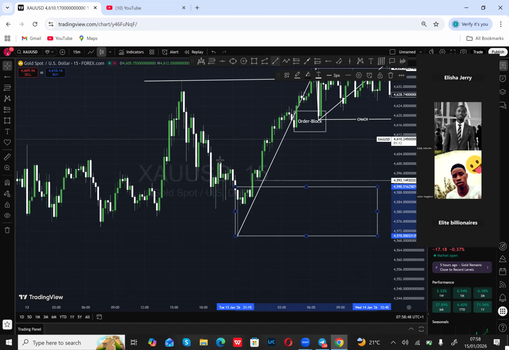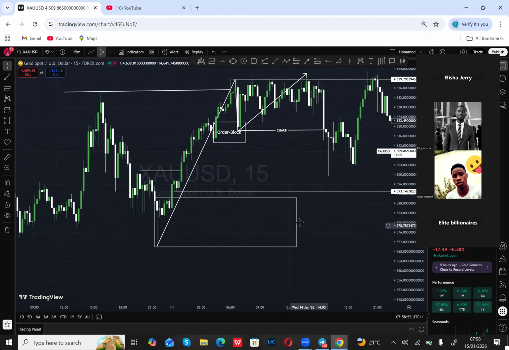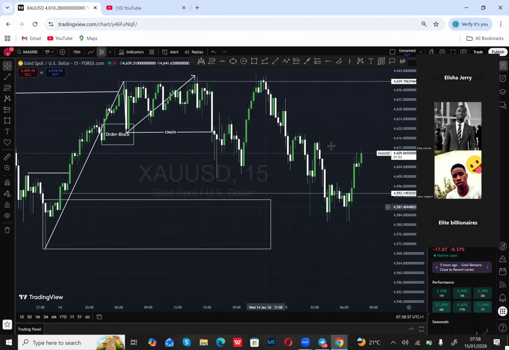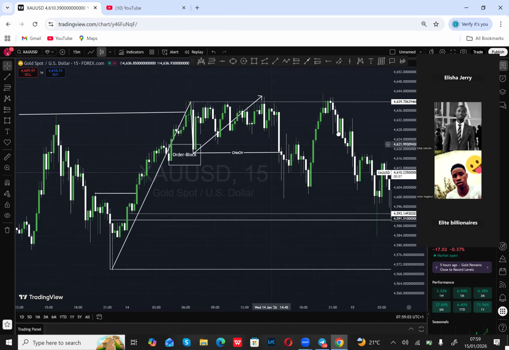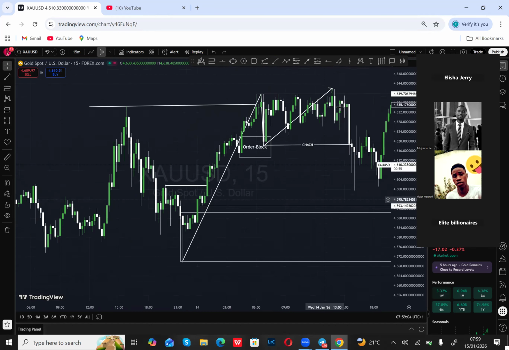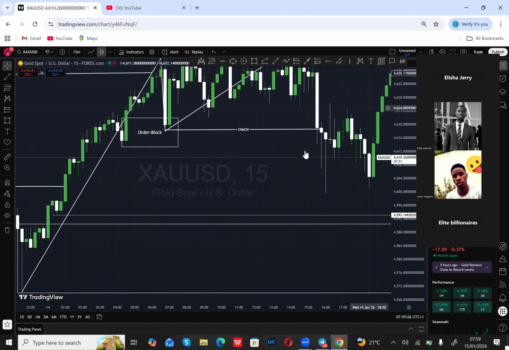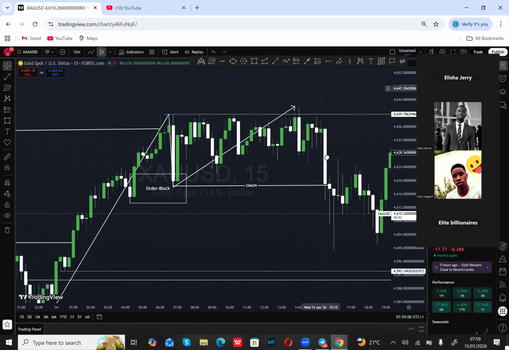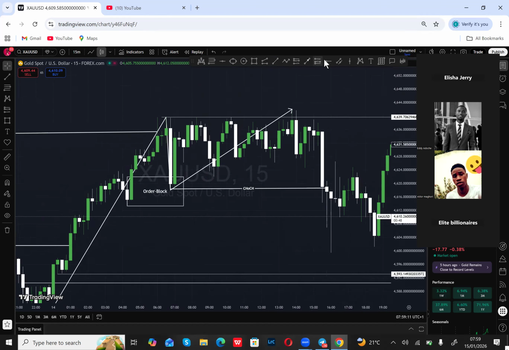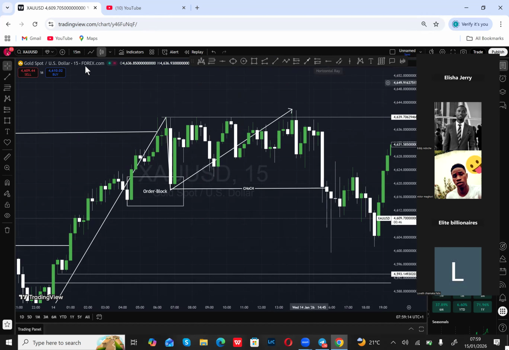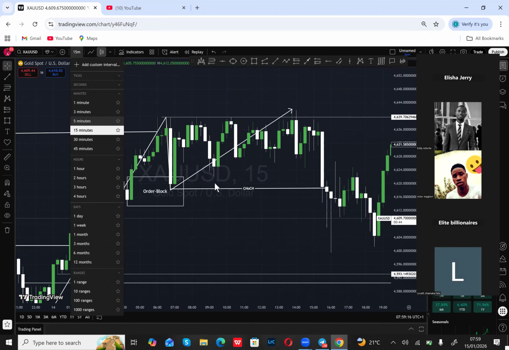So basically we have this change of character that's transferred money from sellers to buyers. So we're expecting these buys from here, right? If that's the case, with this change of character, you know the drill: it is structural liquidity and then a point of interest. If you look at what price did here, you would have two POIs.